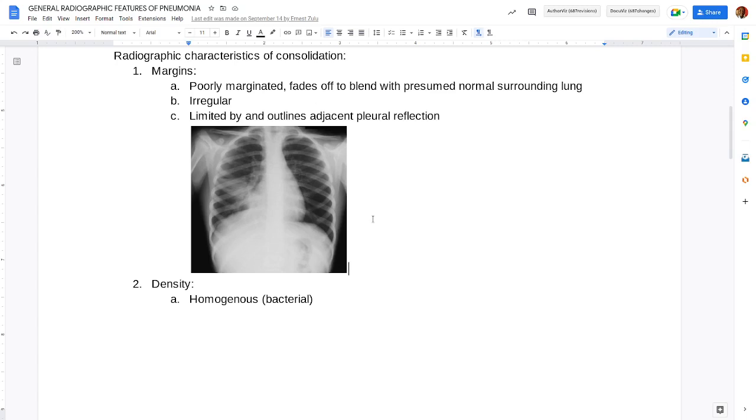And usually, that third point, C, limited by and outlined by, is speaking to the fact that the lung has lobes. There are 3 lobes on the right and 2 lobes on the left. It's not one continuous thing. It has partitions.